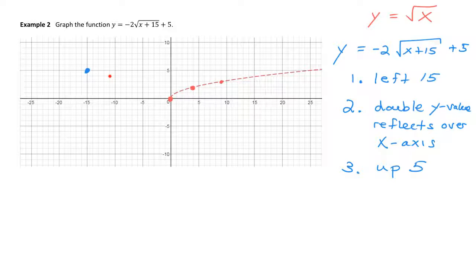But then we reflect it over the x-axis, so it's really negative 4, which is right down here. Okay, but then we want to go up 5. So if I go up 5 places, we end up here at a positive 1. So let me mark that.